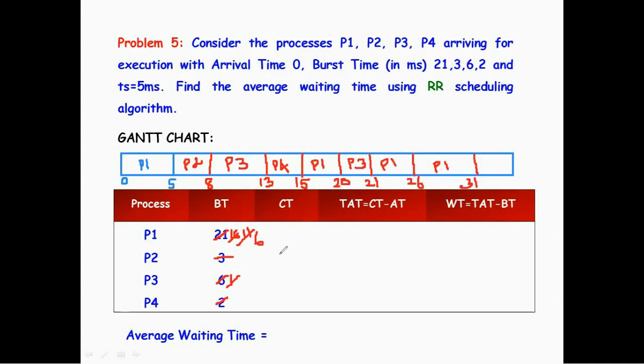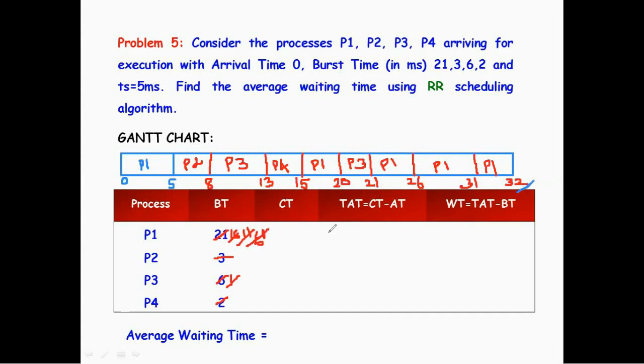Remaining time is 1. Now from 31 to 32, P1 again gets scheduled. Now P1 has fully completed. So this is the way the processes are represented using a Gantt chart using the round robin scheduling algorithm.